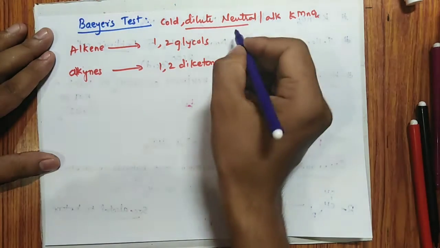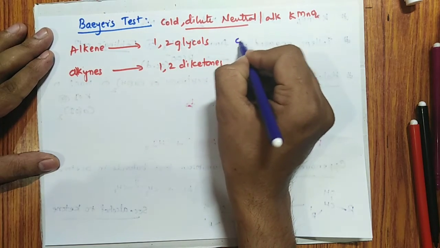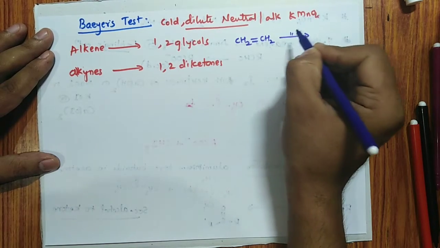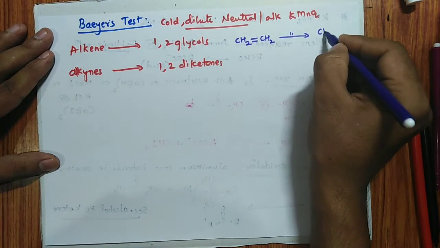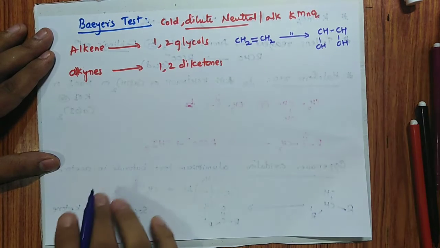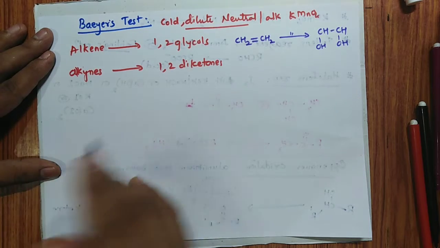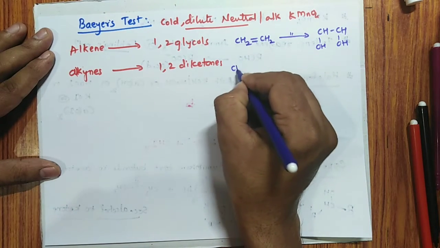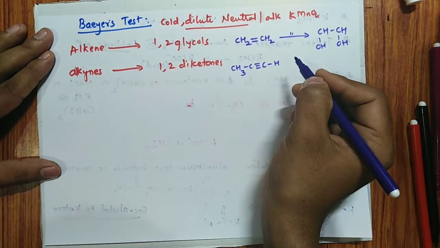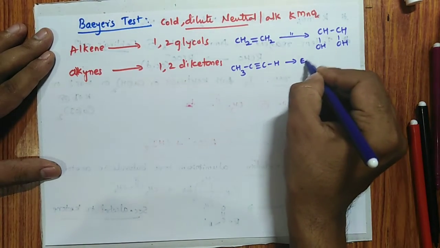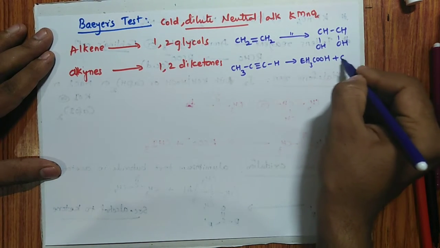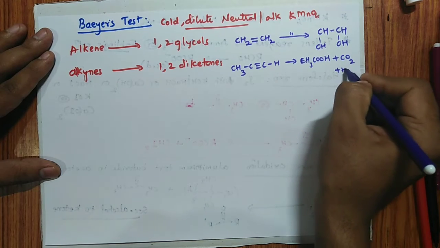One example I will give you. See, for alkenes, one example, CH2 double bond CH2 in this oxidizing agent, you are going to get ethylene glycol, CH2OH CH2OH. Right, very simple. Then for alkyne I will give another example: if you consider CH3 C triple bond CH, you are going to get CH3COOH plus CO2 plus H2O.